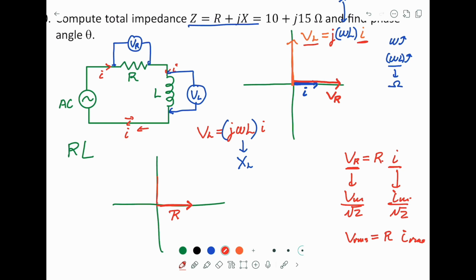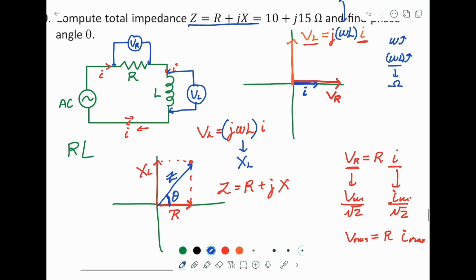So I will put the inductor here, and this is XL. Therefore, you can see this is how we express Z equal to R plus jX. So this is our Z, and this one is called the phase angle.